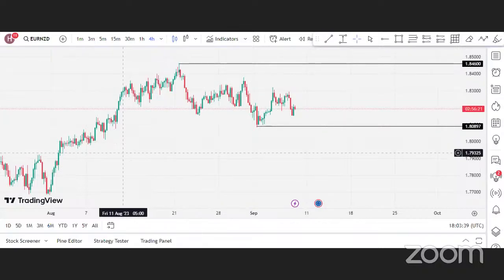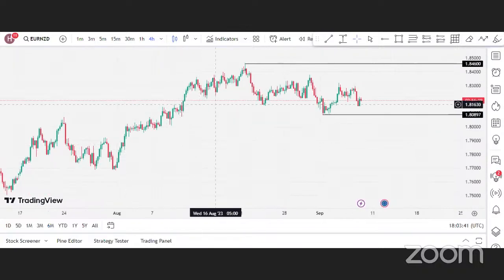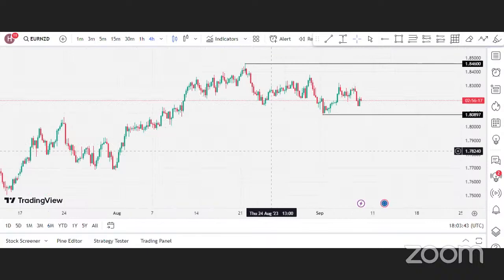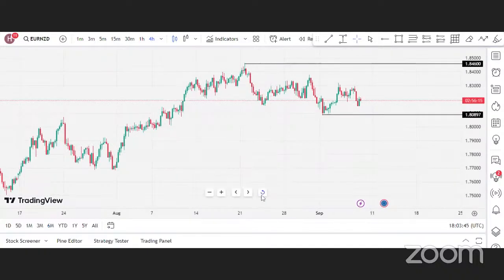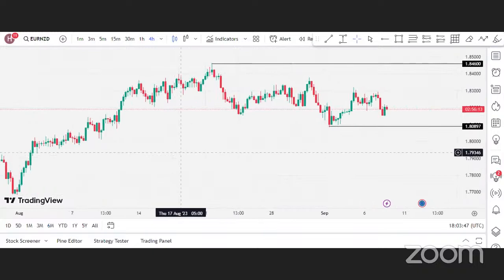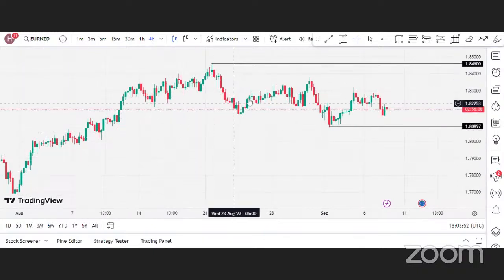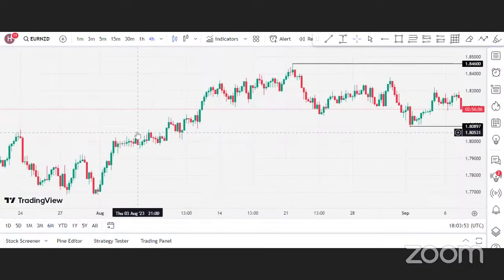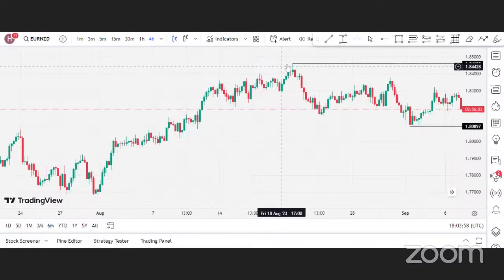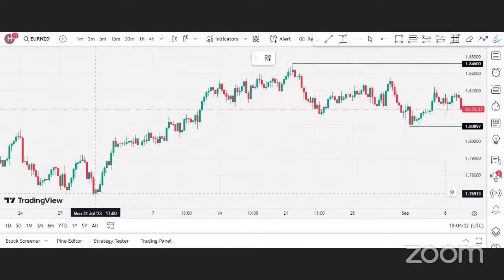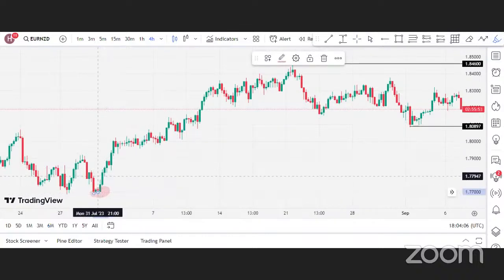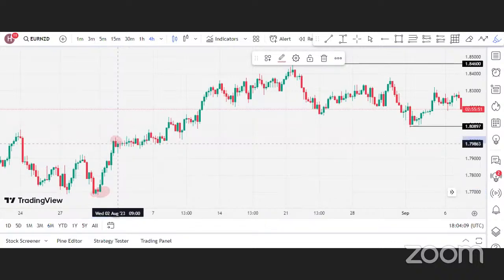Look at this market right here. Let me just zoom in so that you see clearly. You see this was actually going up. When this price movement was heading to the upside, there was something like this. There's a low there, there's a high.